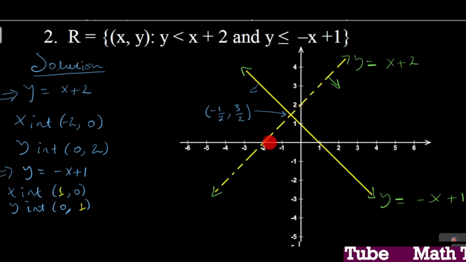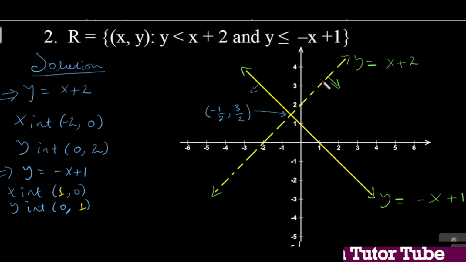What this broken line indicates is that the ordered pairs on the line are not members of our relation. The solid line indicates that the points on the solid line are members of our relation. So the intersection region is this one.